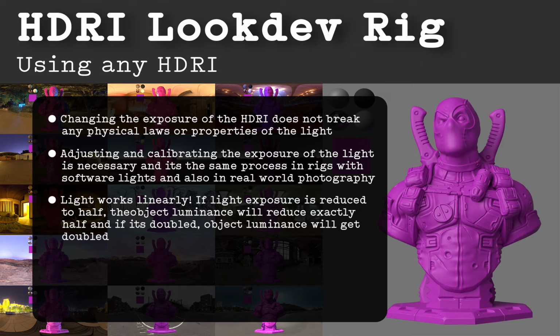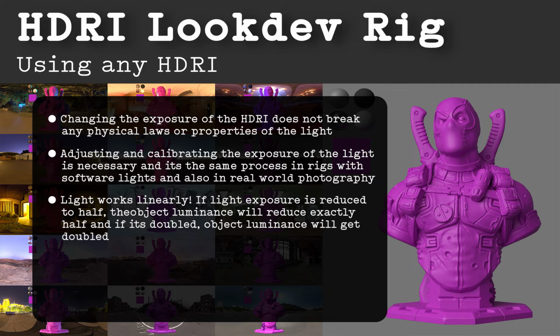It's just a straight linear process. When a light gets doubled, the object brightness gets doubled. When a light's brightness gets reduced to half, the object's brightness also gets reduced to half. And the same thing applies to other complex material properties like subsurface scattering also. So it is an accurate workflow. In my experience, it works perfectly every time.